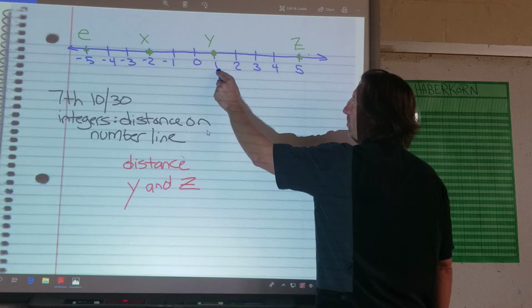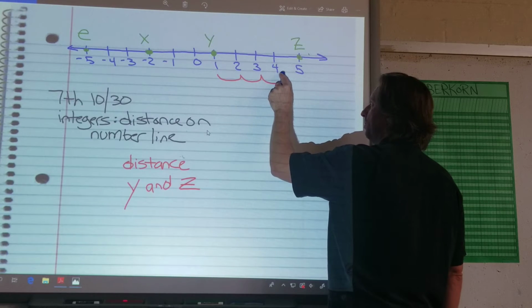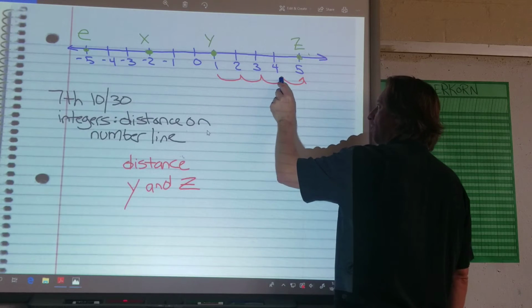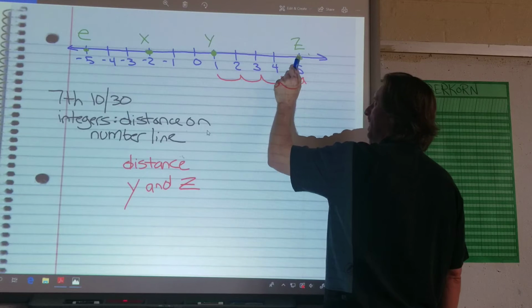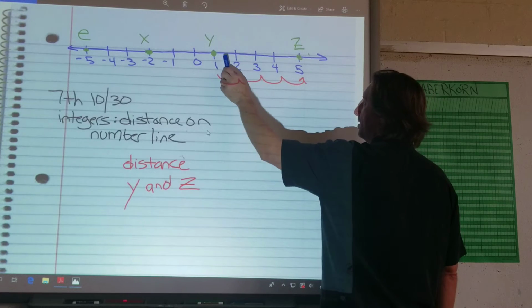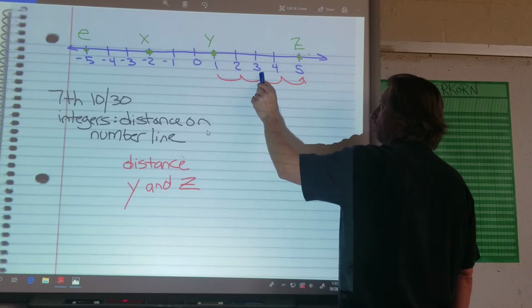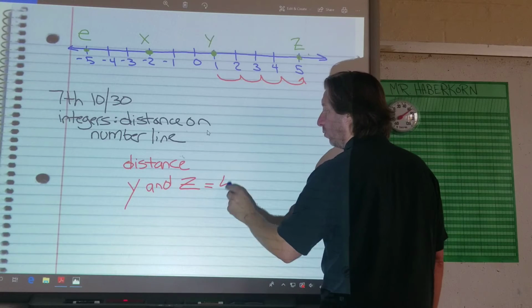So let's start with the 1. There's 1 loop, 2 loops, 3 loops, 4 loops. So they are 4 spaces apart. You can't count the numbers 1, 2, 3, 4, 5. You have to count the spaces in between them. So I like to draw loops for the spaces. 1, 2, 3, 4. So the distance between Y and Z is 4.